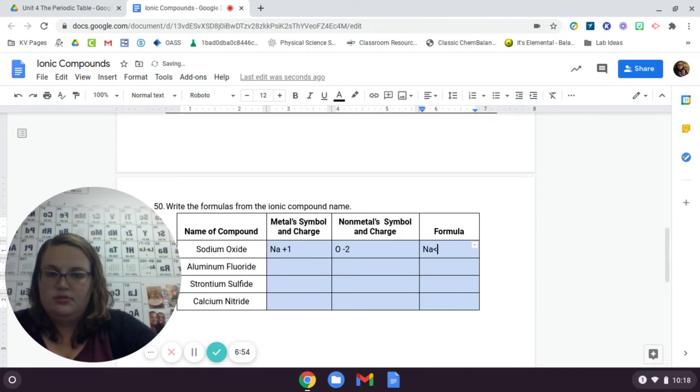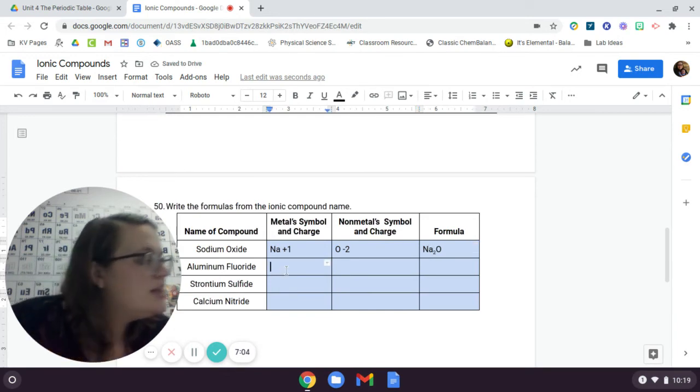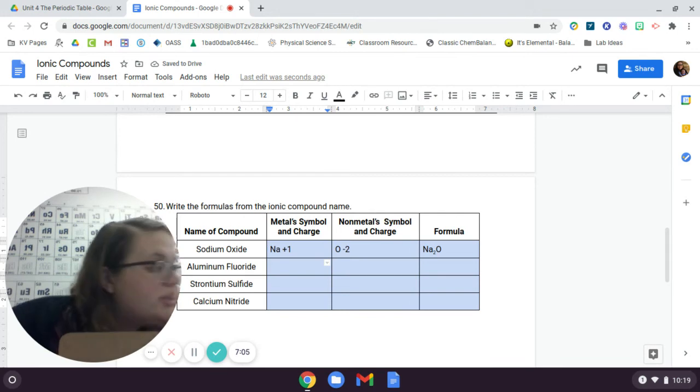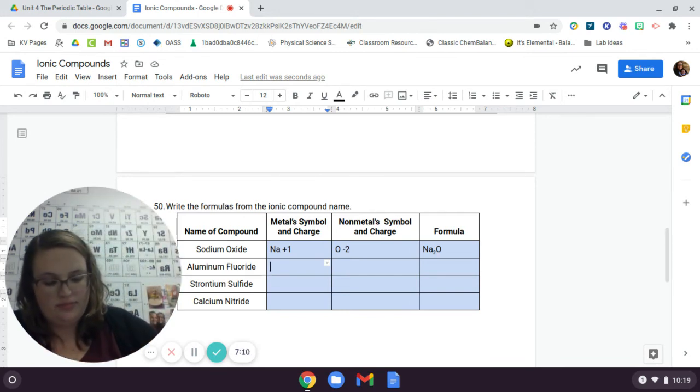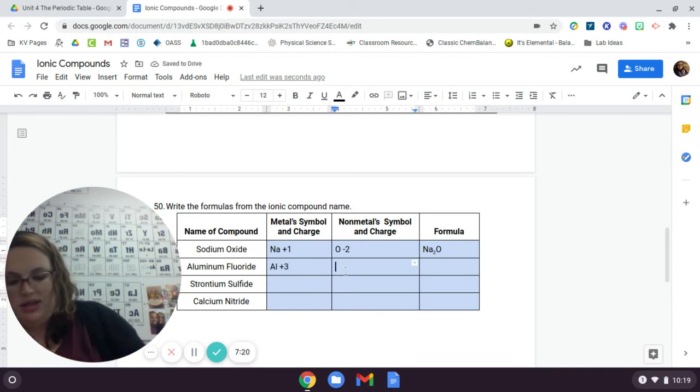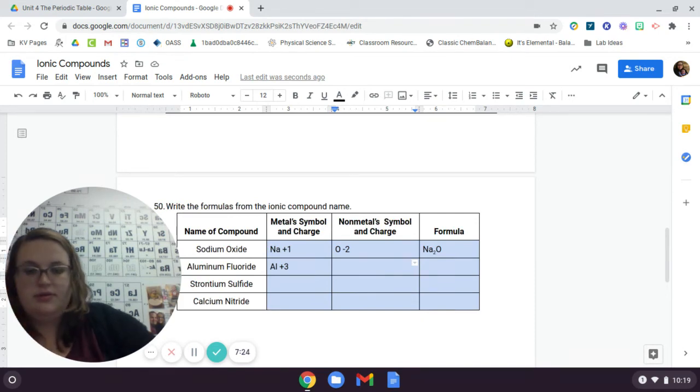Oh, goodness. There we go. All right. Aluminum is in group 13. It is a metal, so it's going to have a +3. Fluorine is in group 17, and it has a -1.